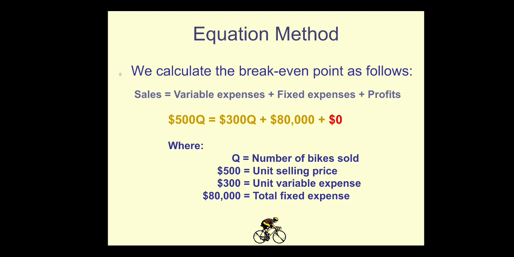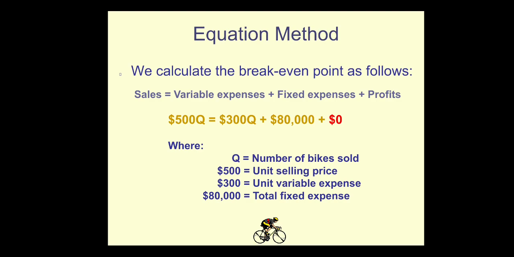What is total revenue? Total revenue is price times quantity. The price is $500 per bicycle. The quantity is the thing that we want to calculate. That Q is the break-even quantity. We want to know how many bicycles have to be sold to achieve break-even point.